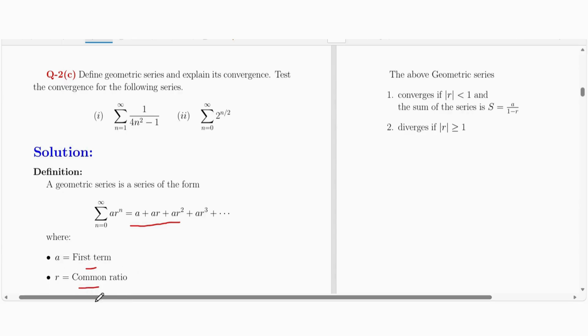Why is it known as common ratio? Because if each term is divided by the previous term, then this r remains common. Let's check. Second term ar divided by first term a, what we get? r.